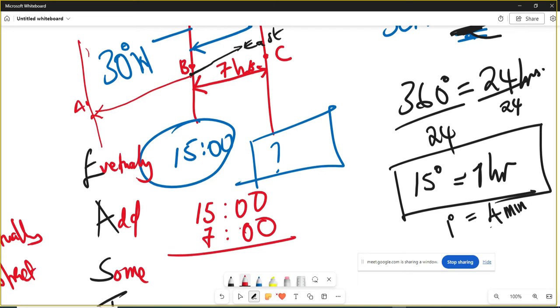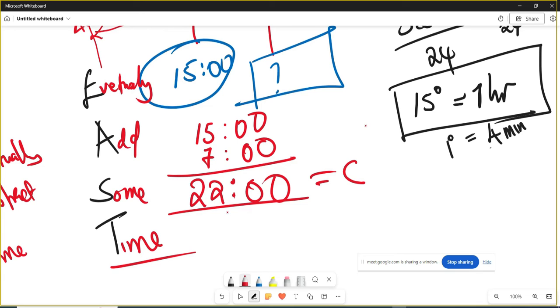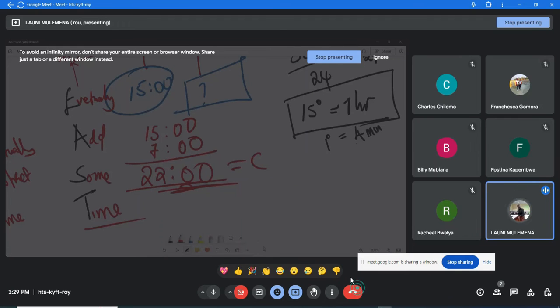The minutes side is 0, 0, and 15 plus 7 is 22. So the time at C is 22 hours.